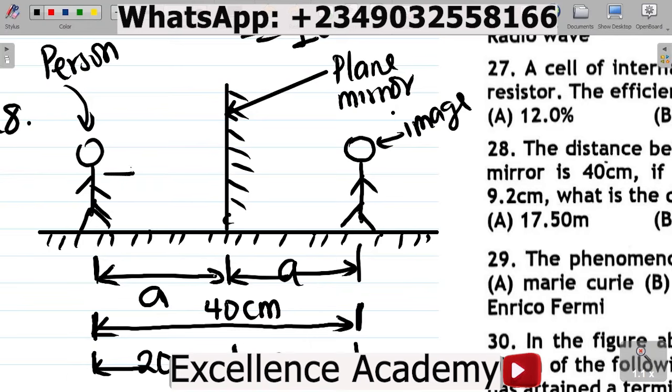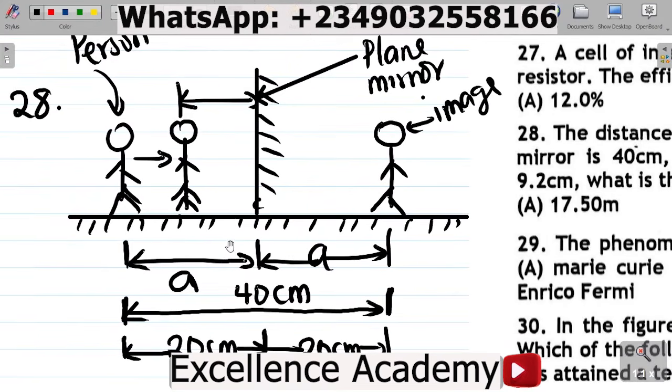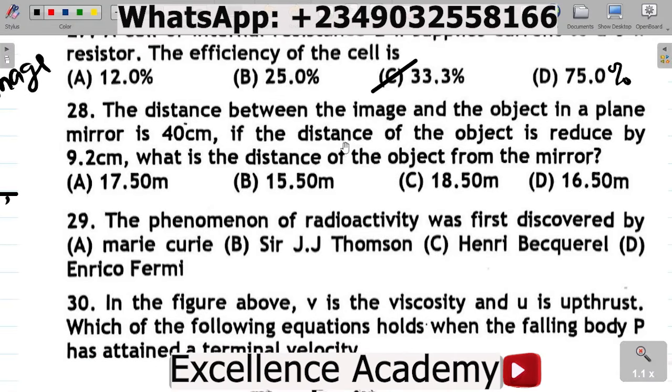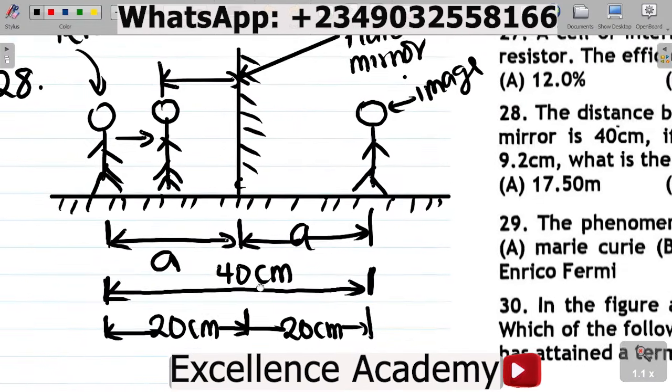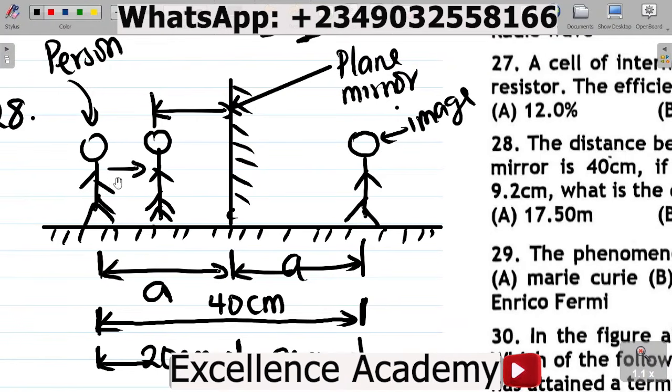Now let me show you this real quick. If this man moves towards the mirror here, let's say to this point here, you want to observe that from here to here will be less than 20. If I want to reduce the distance of the object, I have to bring the object closer to the mirror. Now, they said if the distance of the object is reduced by 9.2 centimeters, that means this person came closer to the mirror by 9.2 centimeters.